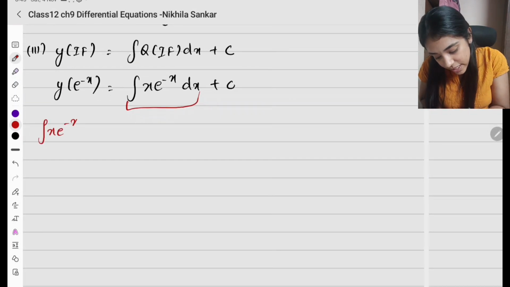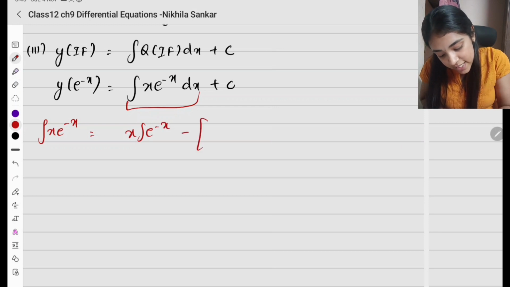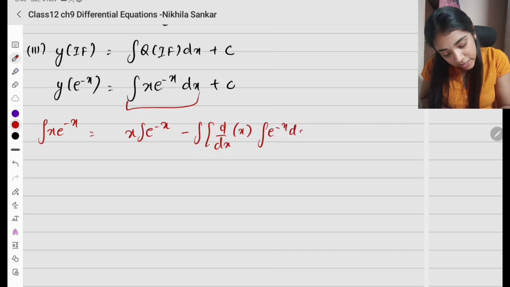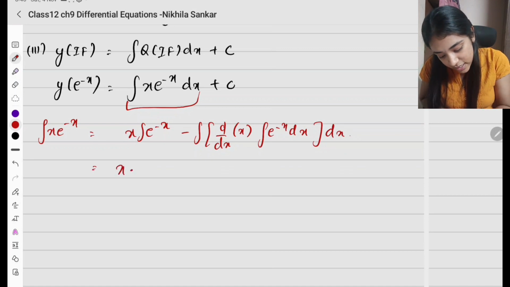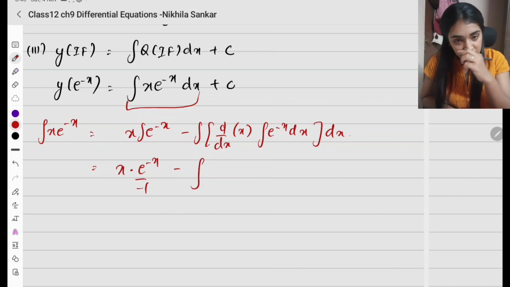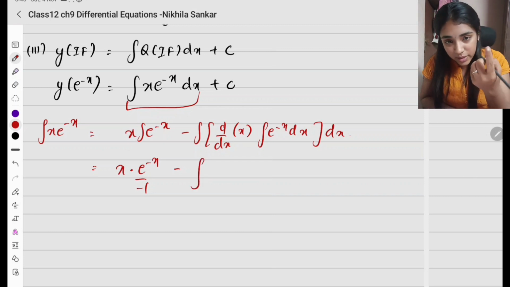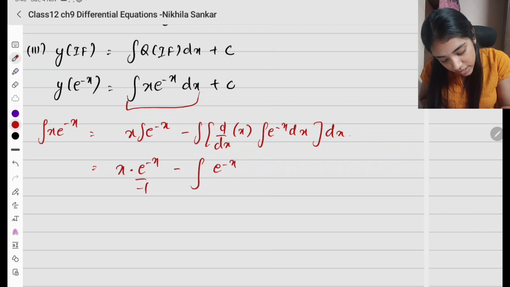So I have integral x e to the x dx equals x integral e to the x minus integral, open the bracket, d by dx of the first term, integral of the second term with respect to dx, mottama dx. Okay, x into e to the minus x divided by -1 minus integral of d by dx of x, it gives me 1, e to the minus x divided by -1 times dx.